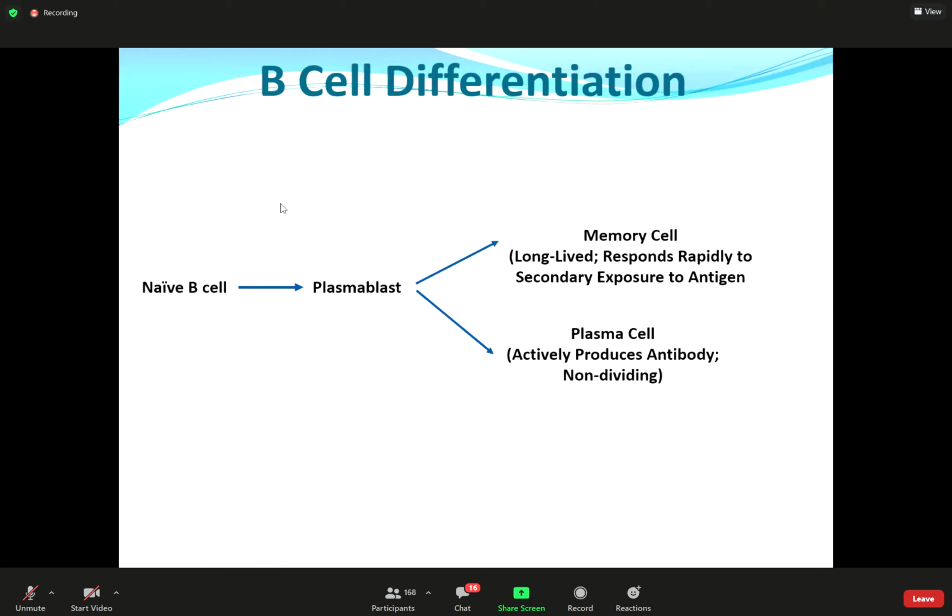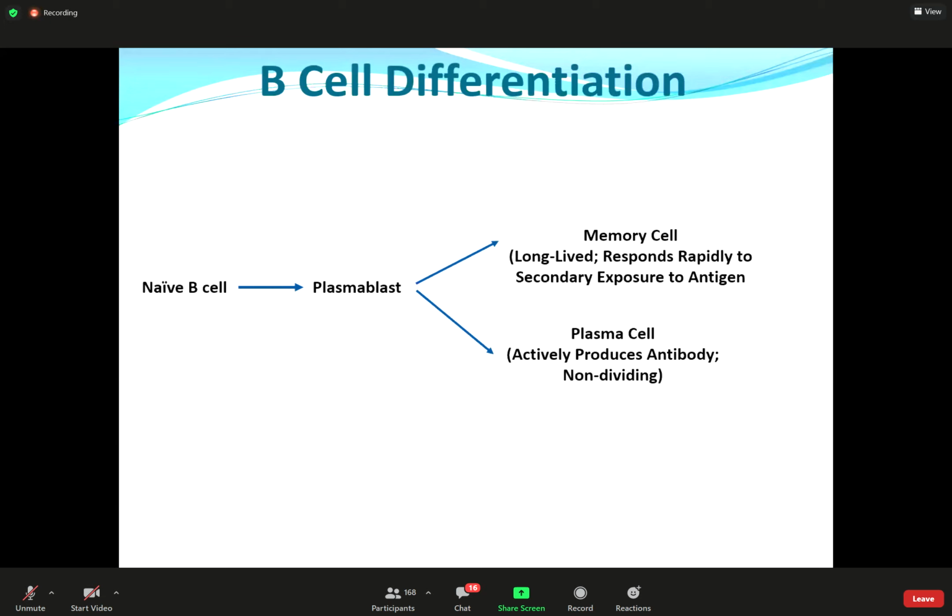So again, this is another way of looking at this B cell differentiation pathway, where you start off with this naive B cell which emerges from the bone marrow. Once it enters the lymph node and sees the respective antigen, it becomes a short-lived plasmablast, which occurs within those marginal zones, producing loads of mainly IgM antibody.